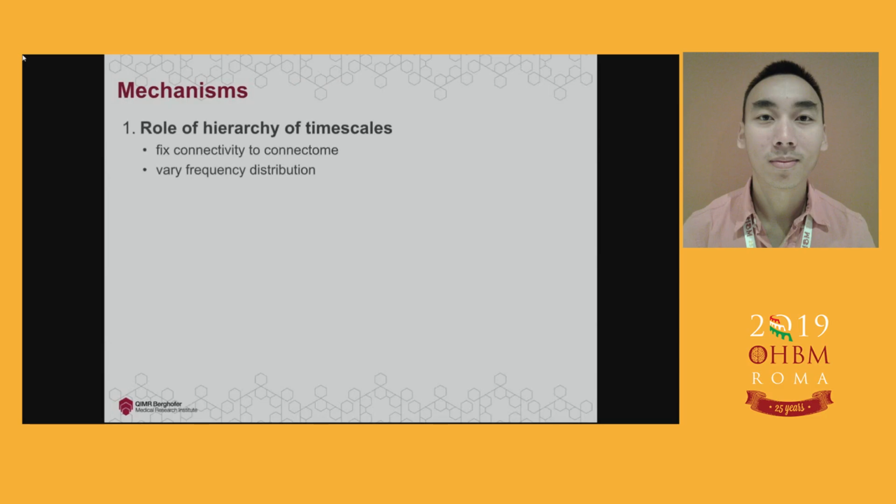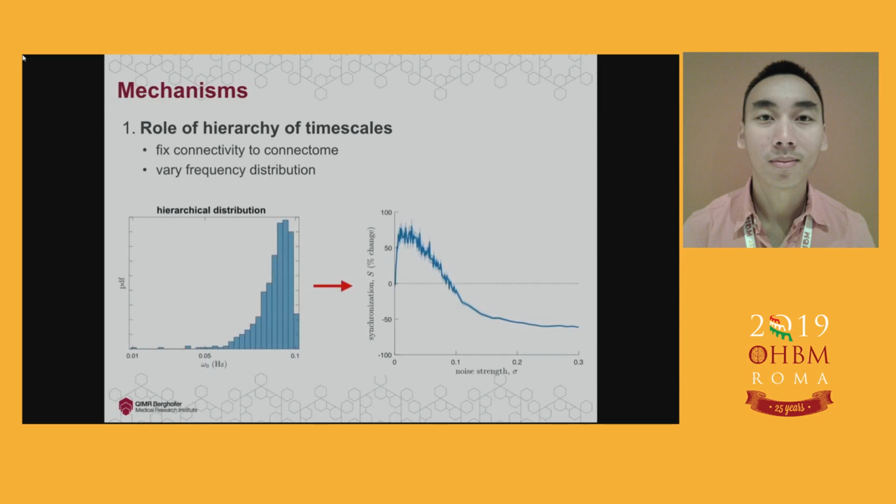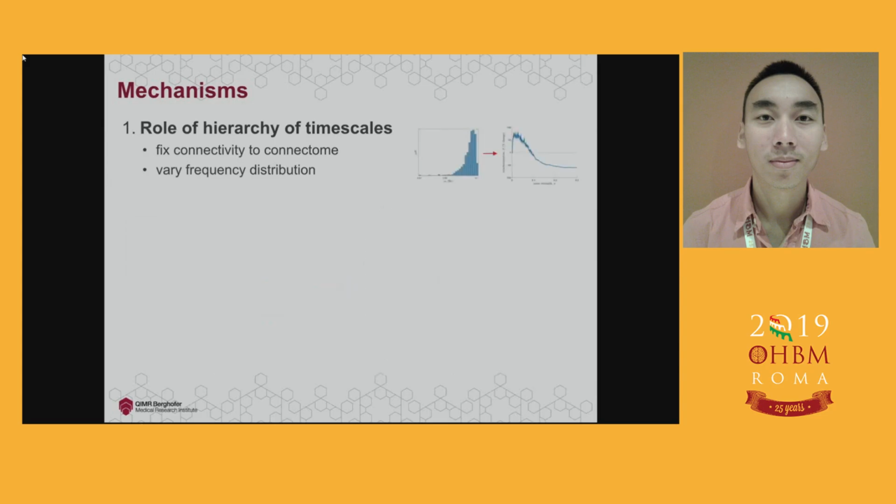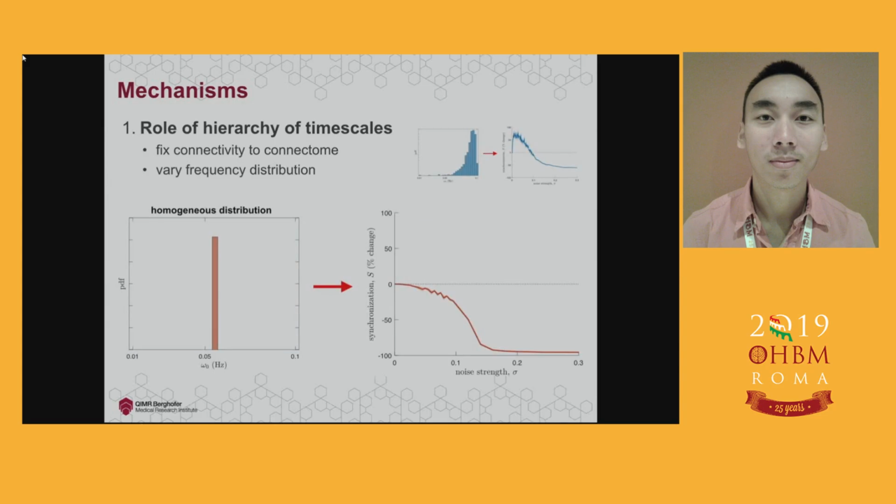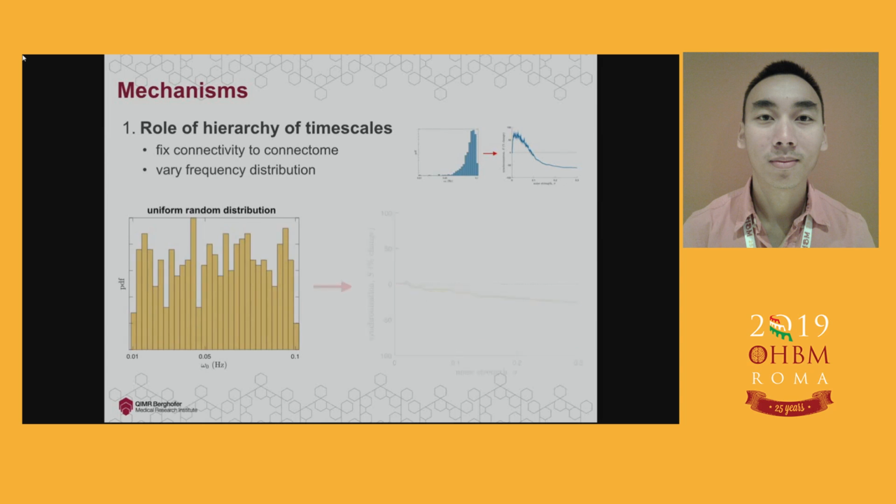First, let's fix the connectivity, no, the other way, sorry. We fix the connectivity and we scramble the distribution of frequencies. And we observe that the effect disappears if we change the distribution from a homogeneous one where every single oscillator is the same, or a uniform distribution where everyone just randomly oscillates across the connectome.